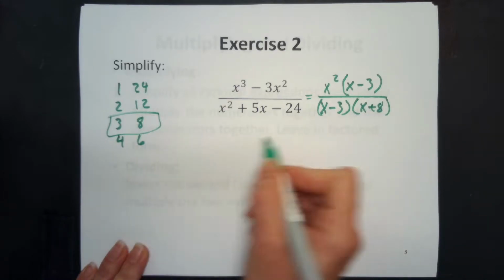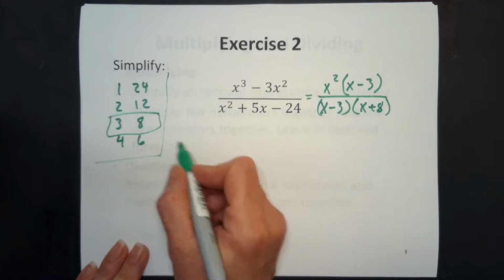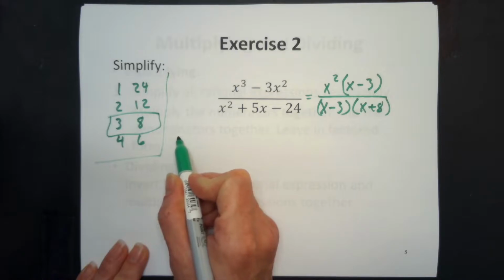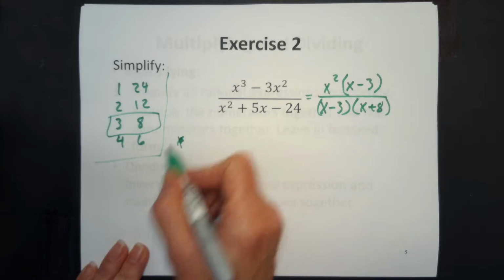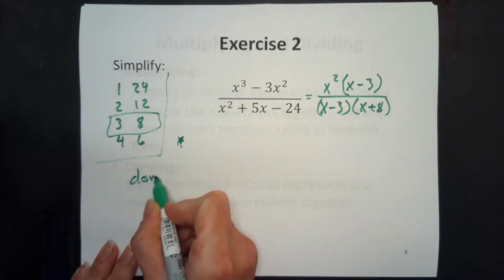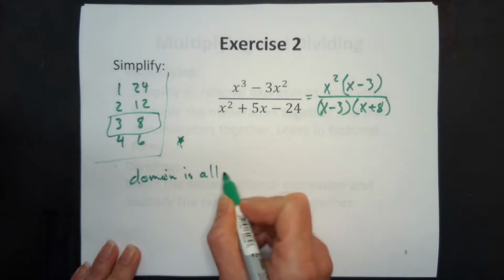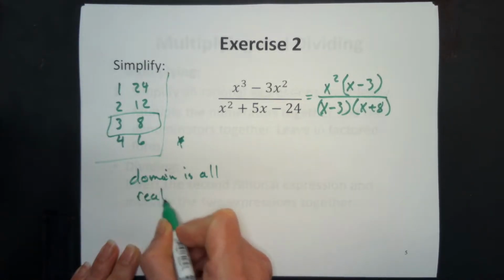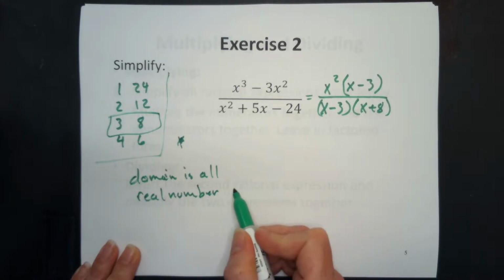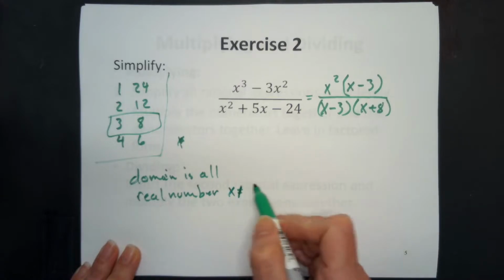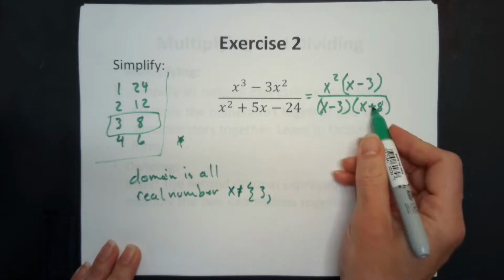So the domain is going to be that first situation of our rules, where we're going to say anything that gives a 0 in the denominator. So in other words, the domain is all real numbers, x is not equal to, in this case, positive 3 or negative 8.